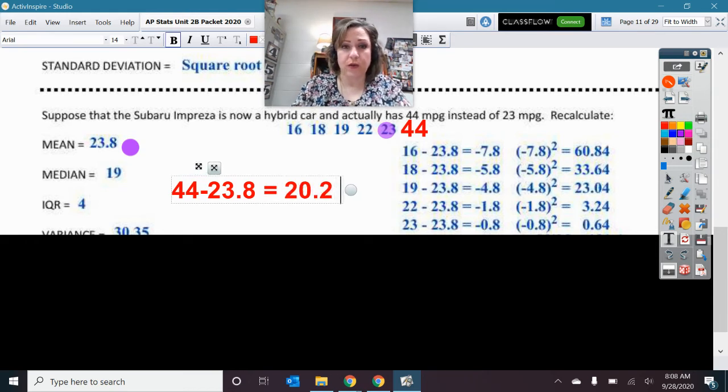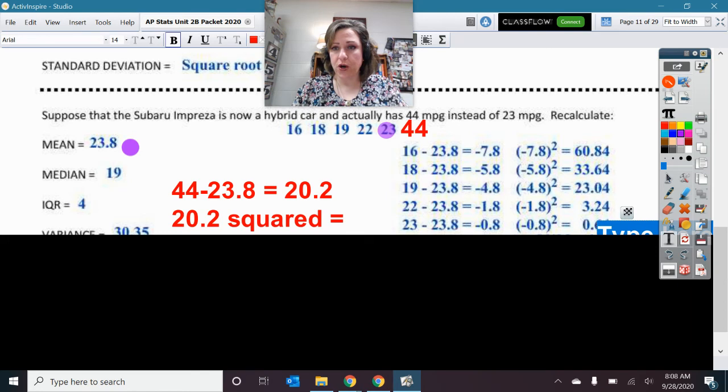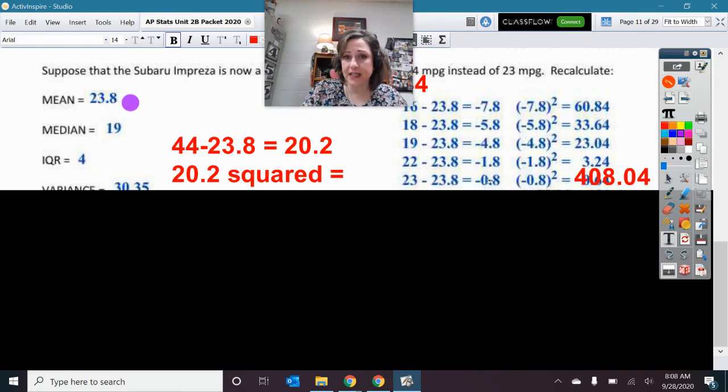And when I square that, 20.2 squared is 408.04. Holy cow. So instead of the number I had here, I have 408.04.